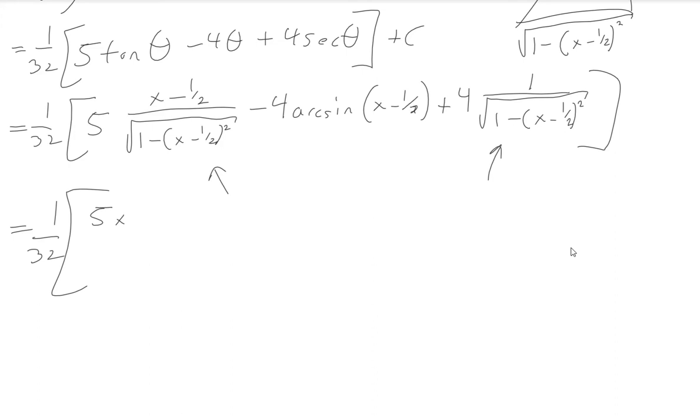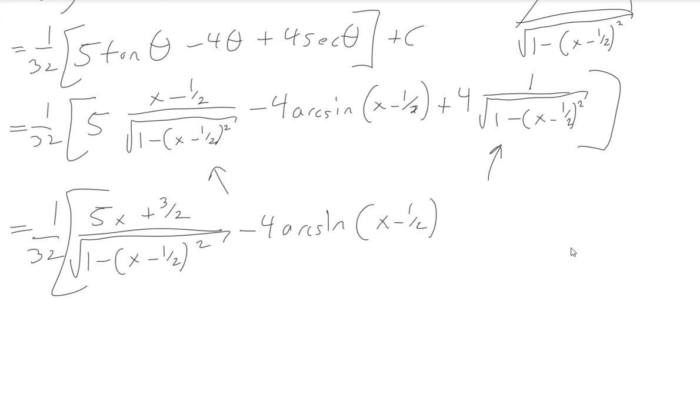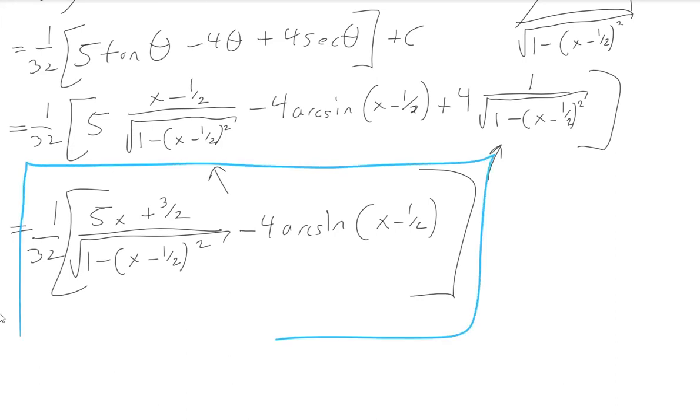Minus 5 halves plus 4, 4 is 8 halves. So that's plus 3 halves over the square root of 1 minus x minus 1/2 squared, minus 4 arcsine of x minus 1/2. So I guess that's probably as simple as you could get, and that would be our simplest solution.